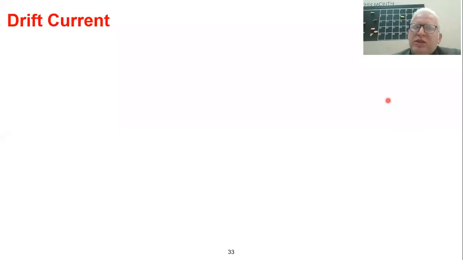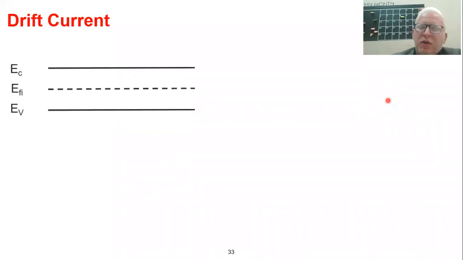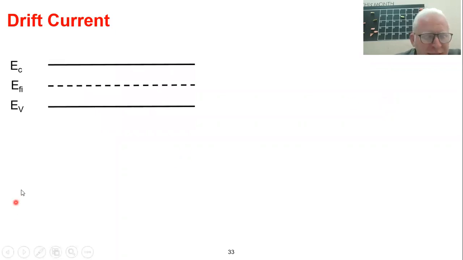Let's start with the drift current. Let's say that we have an intrinsic semiconductor. That's why we have the Fermi level directly in the center of the energy band gap. Then you have, for example, a free electron in the conduction band. Perfect.